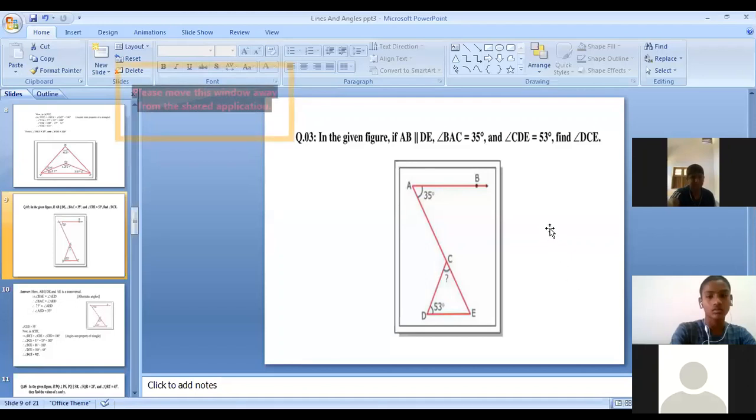Yeah. Since AB and DE are parallel, AE is a transversal. So BAE and DEA are alternate interior angles. Sorry for interrupting.